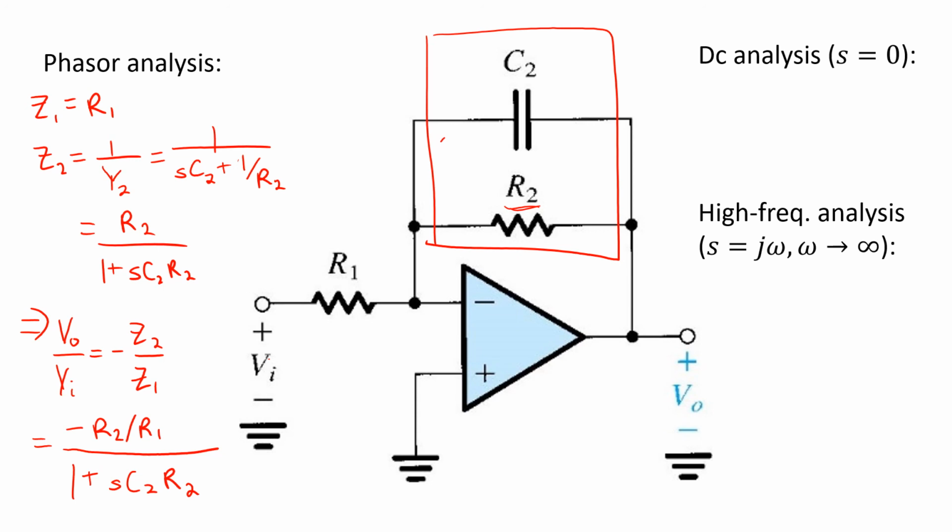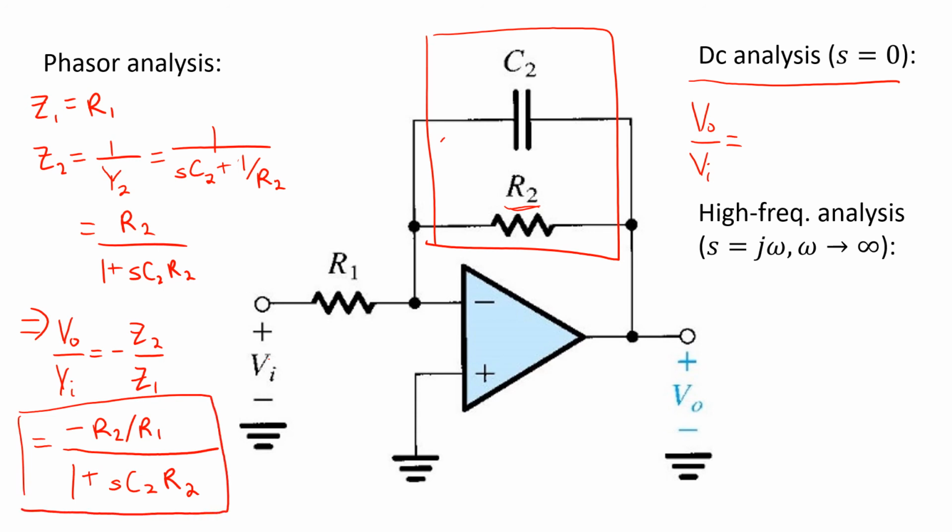So this expression, again, gives us a familiar result if we consider what happens at DC. At DC, we can find the result by substituting s equals 0 into the expression we just derived, in which case the denominator becomes unity and we're just left with negative R2 over R1.